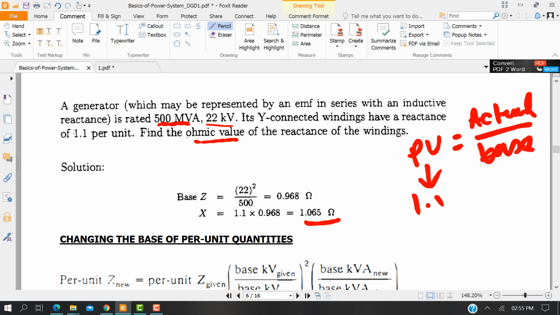Some ratings are expressed in current, for example a circuit breaker can take a certain value of current, generators and transformers are usually rated in kVA or MVA, and the transmission line is expressed in voltage. So all of these different units are associated in the same figure.